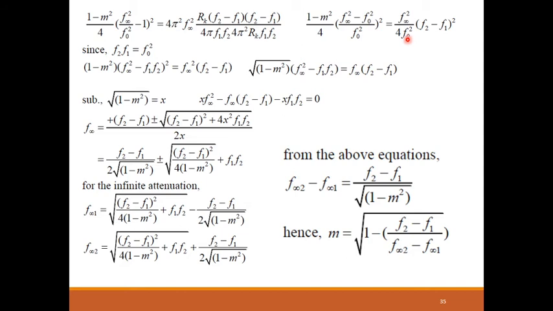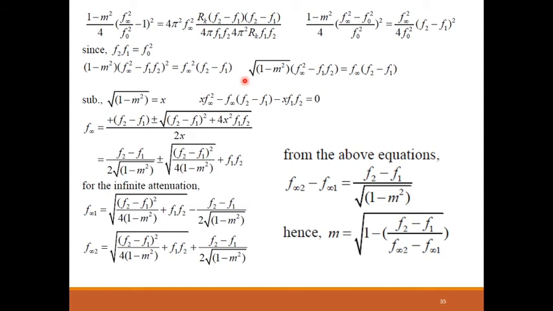So that is the 4 f naught square, then here also the 4 f naught square in the denominator. So on both sides it is there, 4 into f naught square, so both sides may get cancelled. So the remaining term is f infinite square into (f2 minus f1) whole square, it is the same.